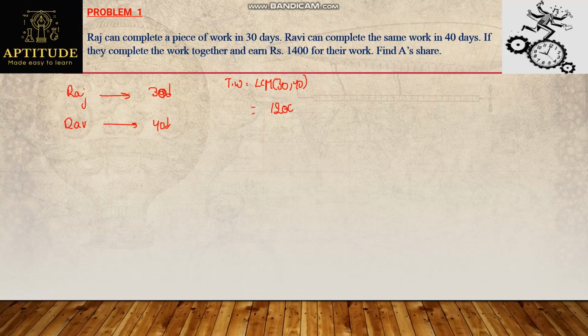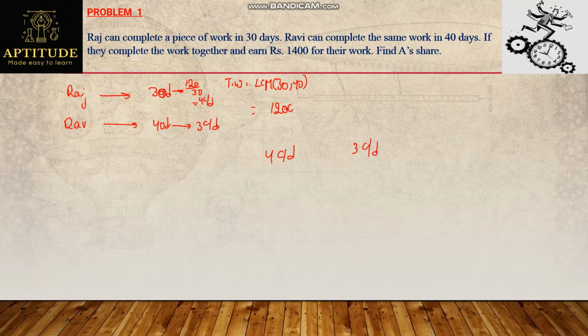So I will assume total work as eating 120 chocolates. Raj ate 120 chocolates in 30 days. In one day, how many chocolates can he finish? That's 120 by 30, which is nothing but 4 chocolates per day. And in the same process, Ravi can eat 3 chocolates per day. So observe here, Raj can eat 4 chocolates per day, while Ravi can eat 3 chocolates per day.